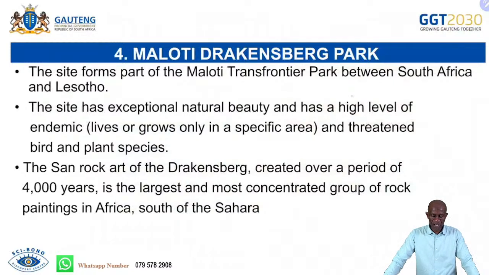The sand rock art of the Drakensberg, created over a period of 4,000 years, is the largest and the most concentrated group of rock painting in Africa, south of the Sahara. So it is one of the outstanding paintings that happen on a group of rocks in Africa, south of the Sahara.